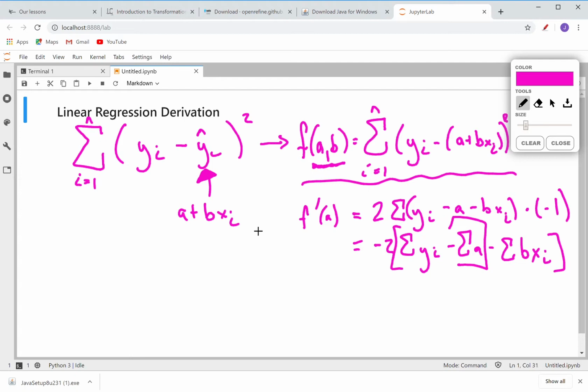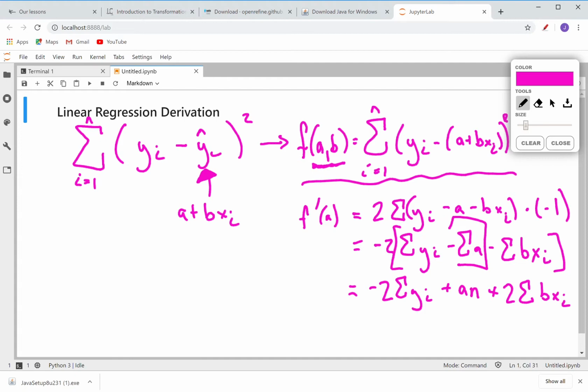So we can rewrite this as -2 times the sum of y_i plus the sum of a, which is n a, plus 2 times the sum of b x_i. All right, but with just a little rearranging here, I can solve for a.